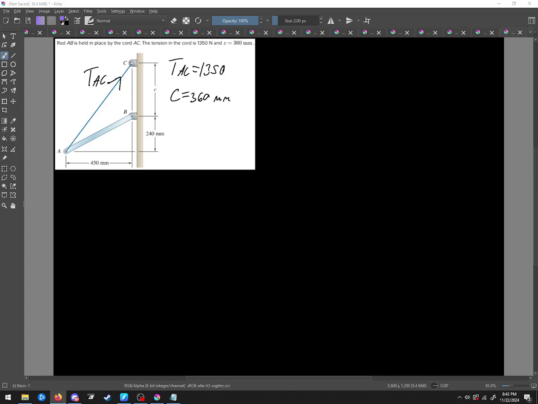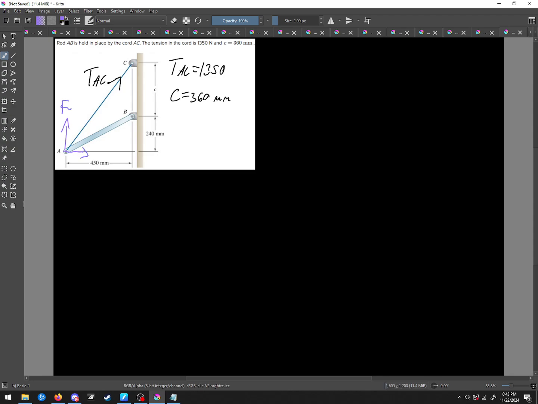Now it's asking us to take a moment about B. So here's what we're taking it about right here. We're going to have a force applied on B from A, and TAC is going to have a Y component and an X component.